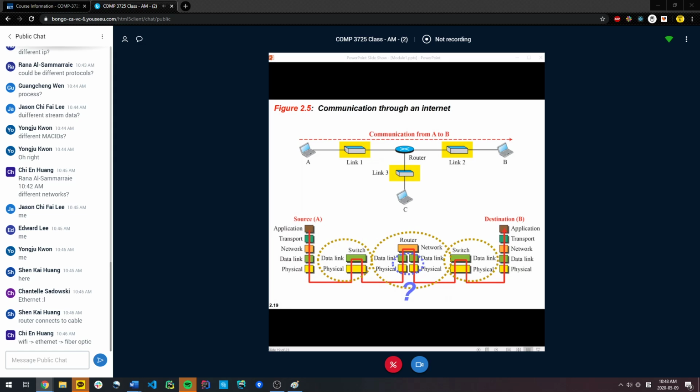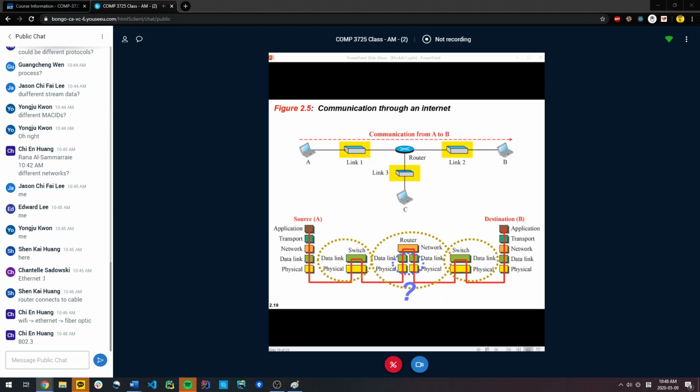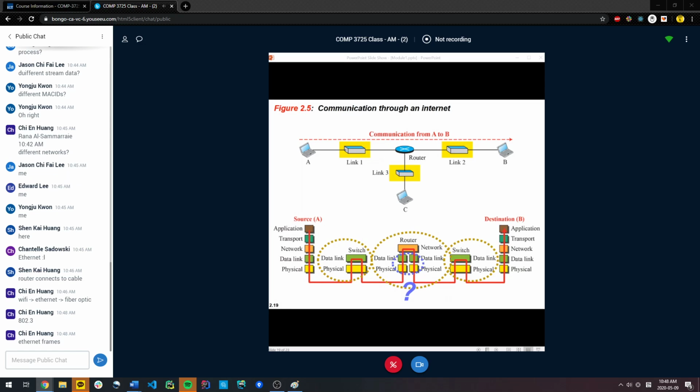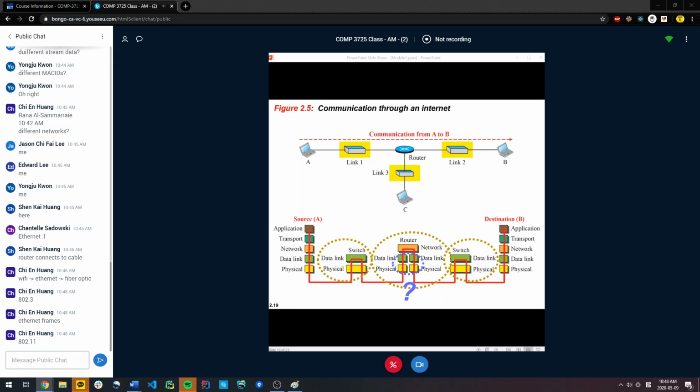So what I'm trying to say is that in 802.3 you have Ethernet frames, and in 802.11, which is Wi-Fi, you have Wi-Fi frames. The framing structure between Ethernet and Wi-Fi is very different. Which do you think is more reliable, Ethernet frames or Wi-Fi frames?